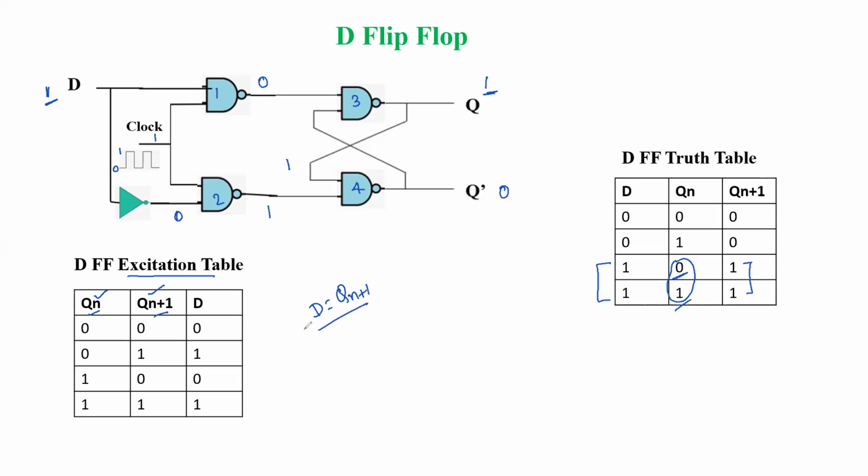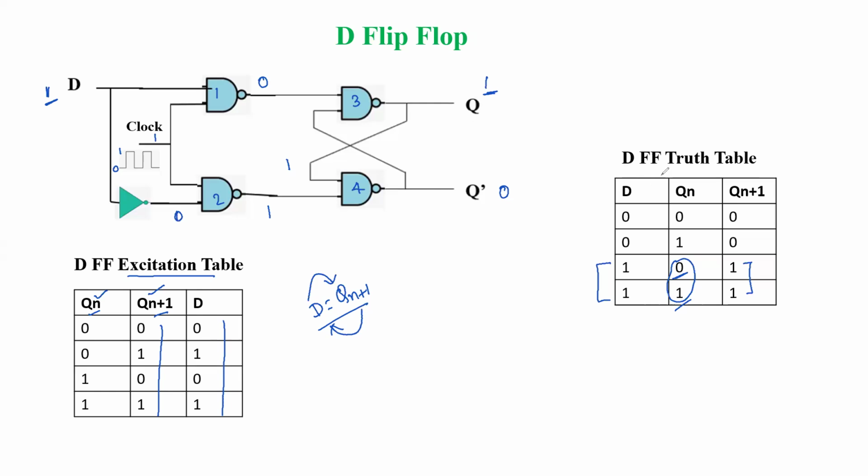Whatever value of D is there, that is going to be available in the next state. On that basis, we can predict what the value of D was. So whatever the value of Qn plus 1, D also has the same value. This is easy to remember, the excitation table of the D flip-flop.